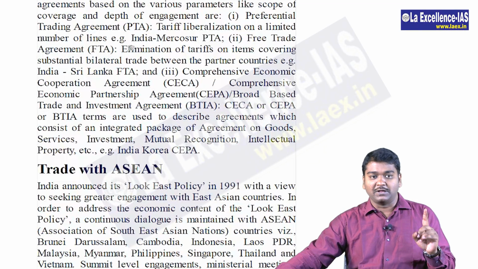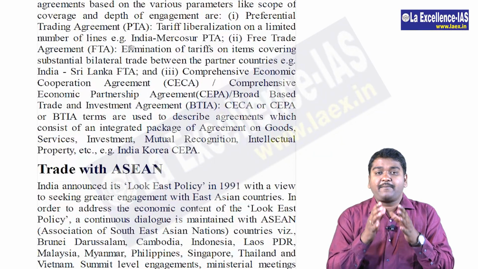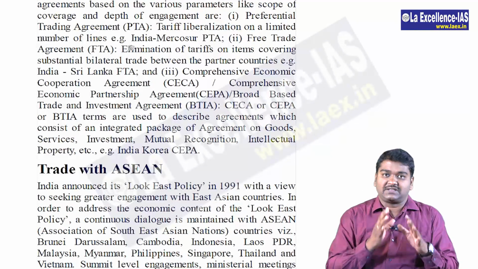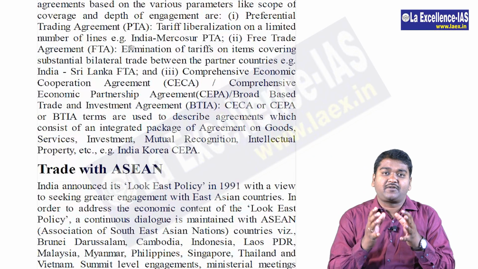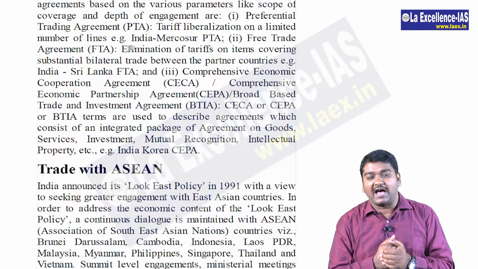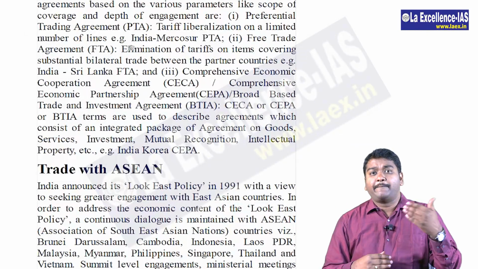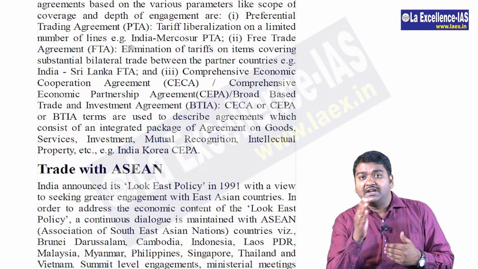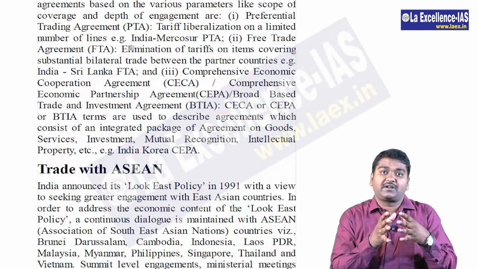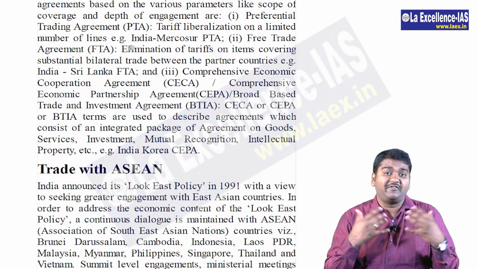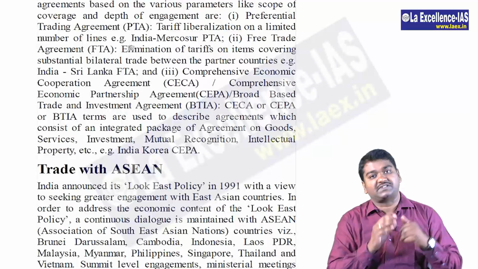You should understand one simple thing. When we talk about PTA, Preferential Trade Agreement, I am considering Pakistan. For example, the India and Pakistan relationship is not good, but somehow we have come together and felt that let's have a preferential trade agreement, or let's have a free trade agreement. Pakistan will have its own suspicion, India will have its own suspicion. So India and Pakistan will say, as we cannot trust each other completely, or we don't know how exactly the people will react to this, let's go for some 10 products first.